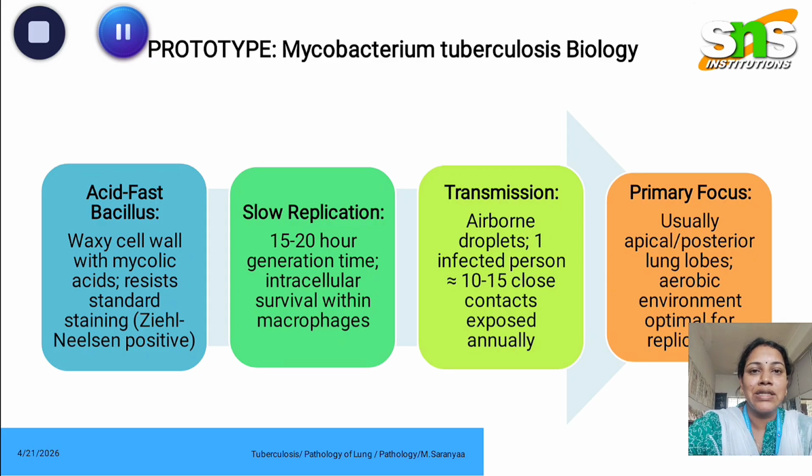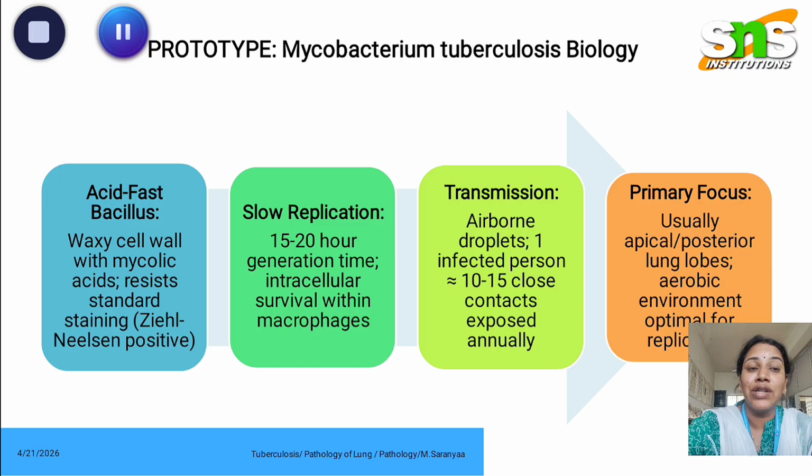The acid-fast bacillus, which is called Mycobacterium tuberculosis, has a waxy cell wall with mycolic acid, resisting the standard staining and being Ziehl-Neelsen positive. It causes slow replication, with 15 to 20 hours of generation time, and intracellular survival within macrophages. It transmits through airborne droplets from one person to another.